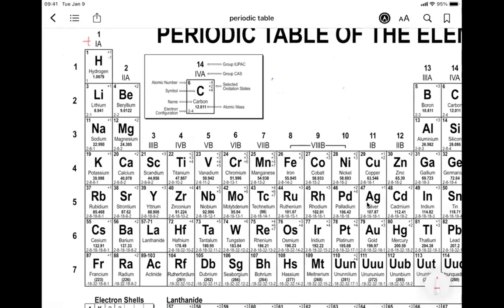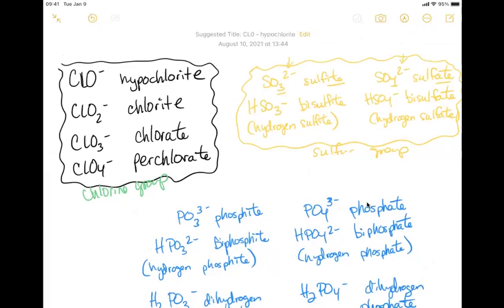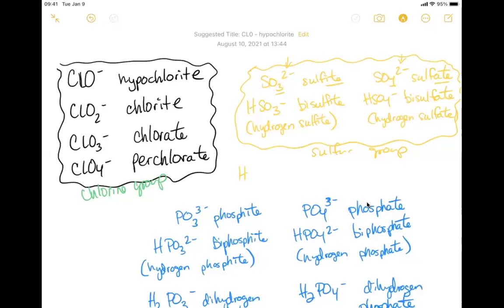So we said group 1 is +1, group 2 is +2, right? Hydrogen is in group 1. So hydrogen has a charge of +1. If I take hydrogen, which has a charge of +1, and I add it to SO3, which has a charge of -2, if I add up these charges, I get HSO3, but now the charge is reduced to -1.